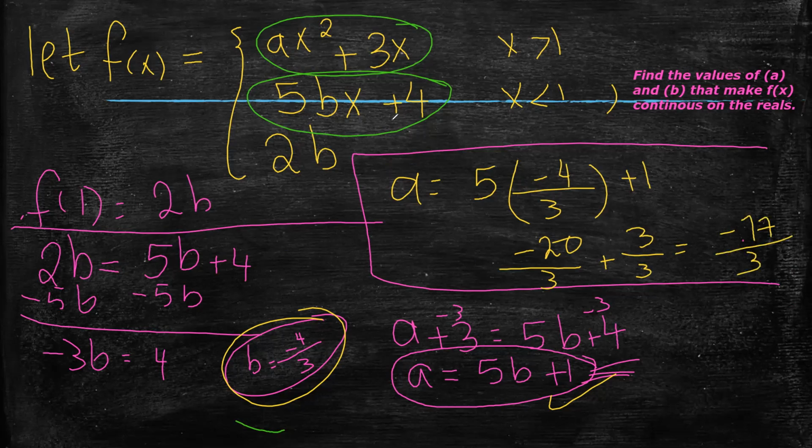This is the value of a. So a will be negative 17 over 3, and b will be negative 4 over 3.